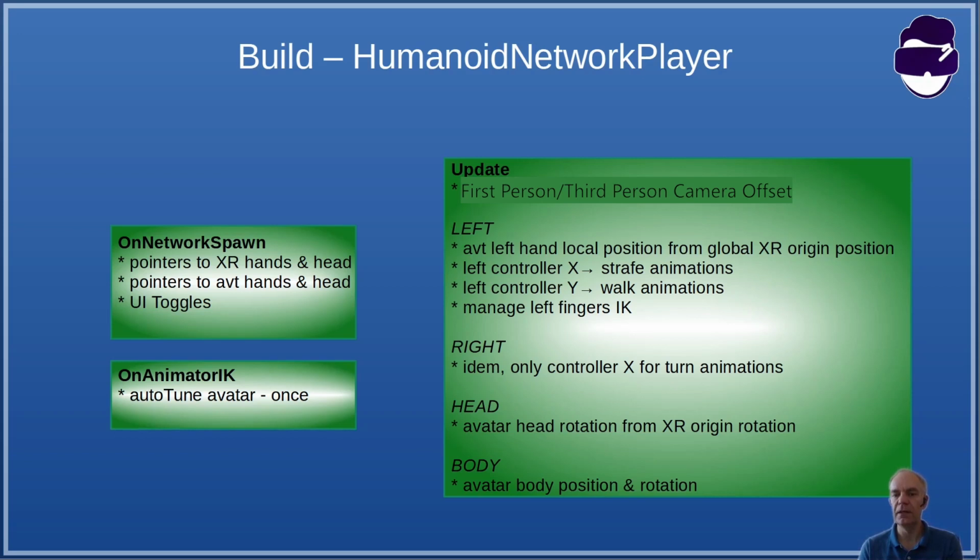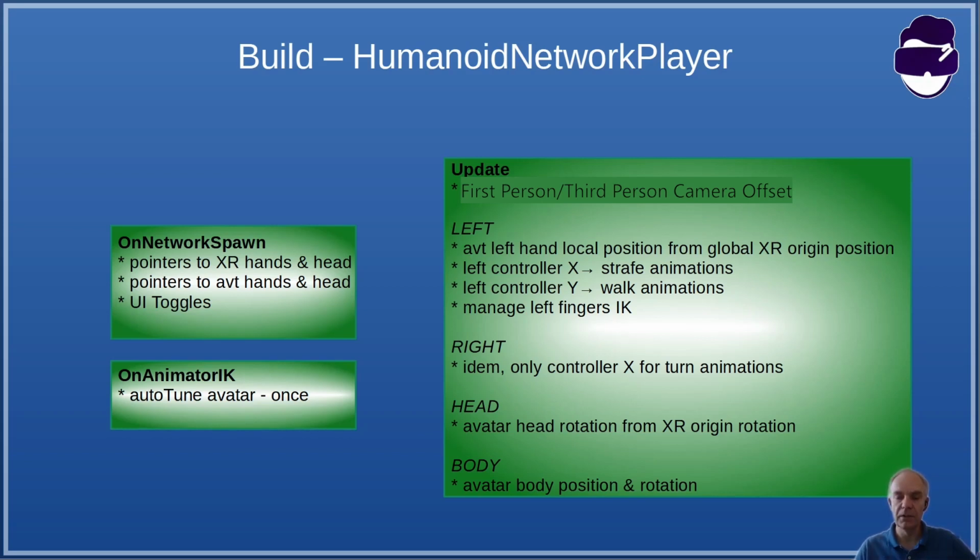If we move the left controller forward or backwards, we have the walk forward or walk backward animations. For the right hand, we do the same thing. For the head, we only check the rotation from the XR origin. We don't need the position, because the new avatar that we have is a monolithic object with a bone structure, so there's no need for us to set the position of the head of the avatar.